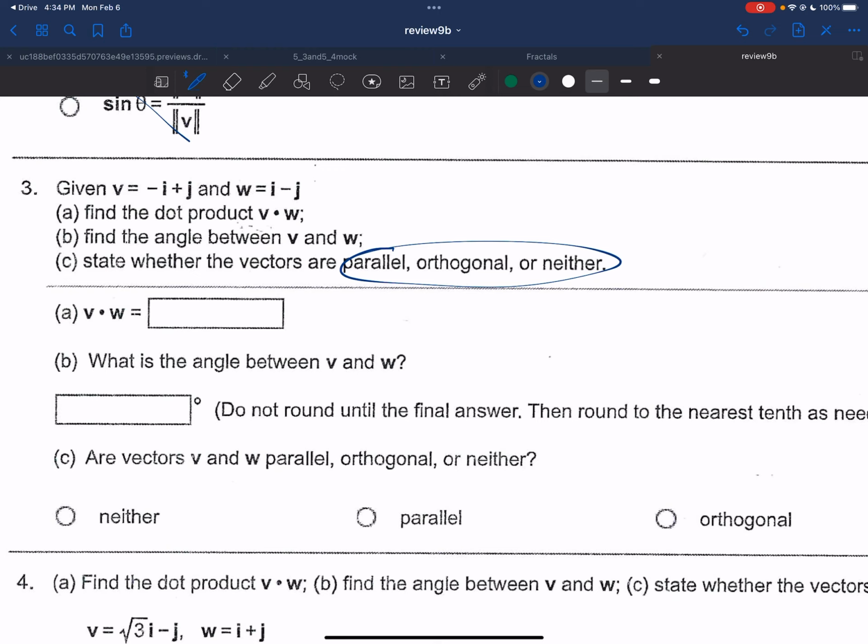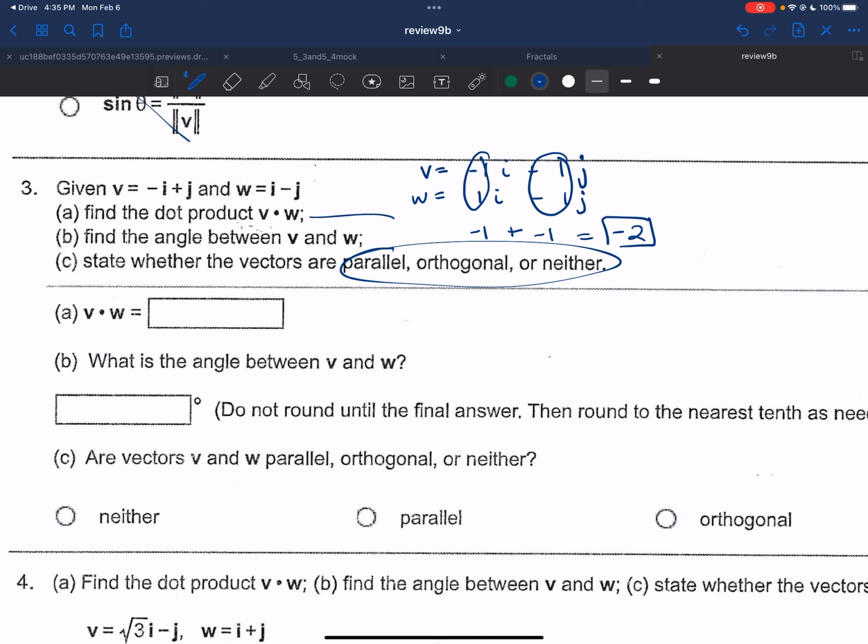All right, so v is negative 1i plus 1j, and w is 1i minus 1j. So I'm going to go ahead and multiply these together. I end up with negative 1, and I'm going to add that to negative 1. So negative 1 plus negative 1 gives me negative 2. So that's going to be my dot value.